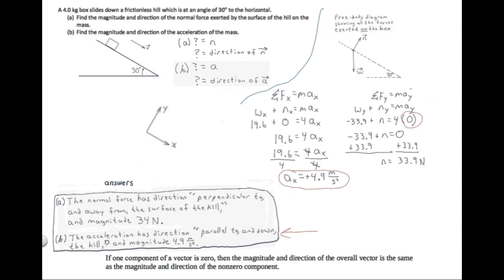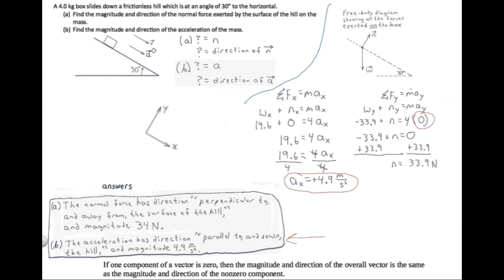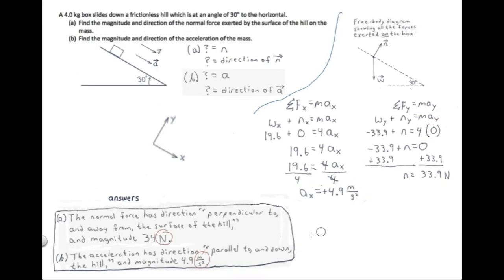So that's the direction of the acceleration, and a sub x has a magnitude of 4.9 meters per second squared, which is the magnitude of the acceleration. And now here I've drawn the overall acceleration vector in the main sketch to indicate that we discovered that the direction of the overall acceleration is parallel to and down the hill. Check to make sure that you include units on your answer.